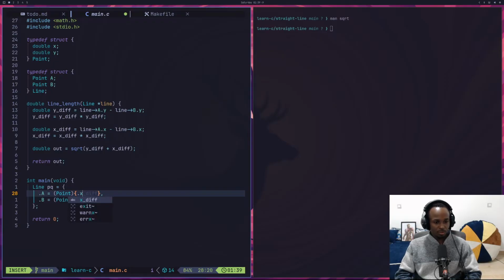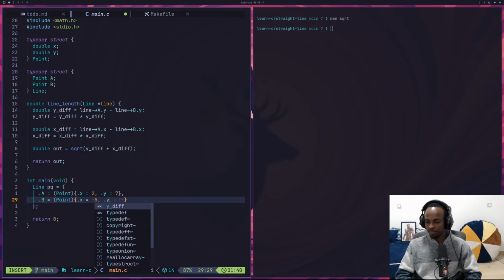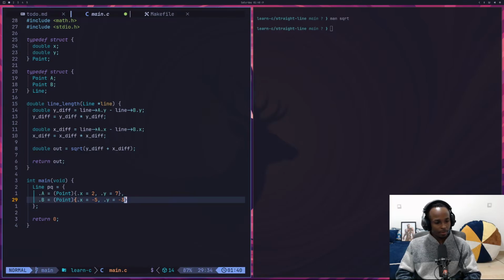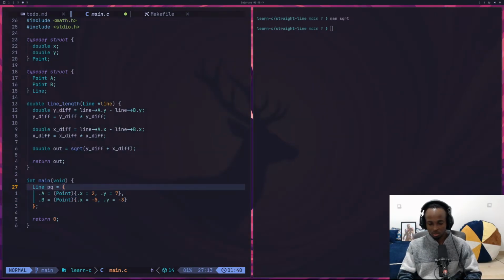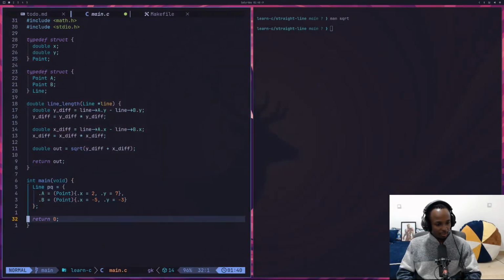So this is going to be dot X will be 2. And dot Y will be 7. And then for point Q, we had -5 and -3. Okay, so that's the line. Yeah, that looks good. Okay, so we have that line.